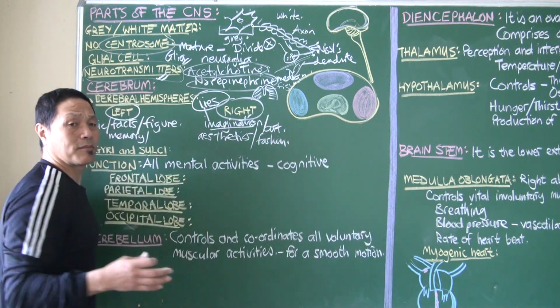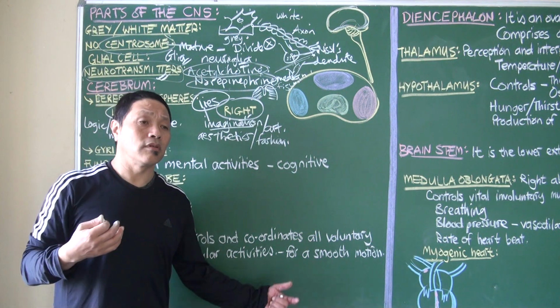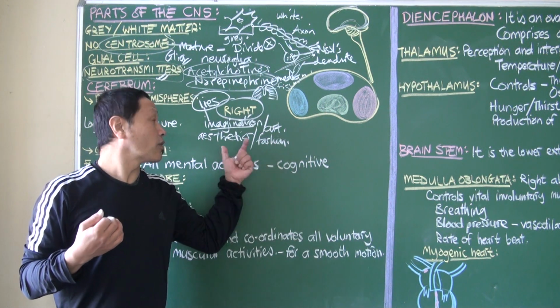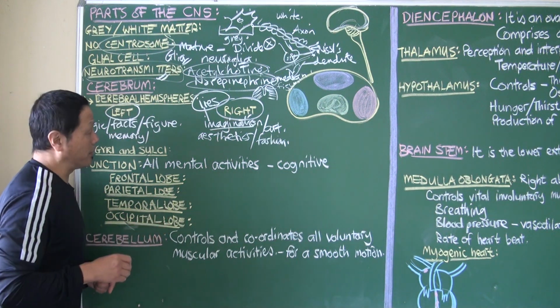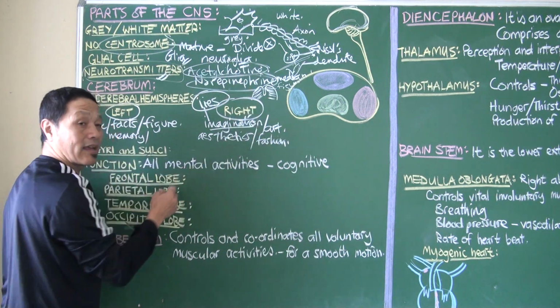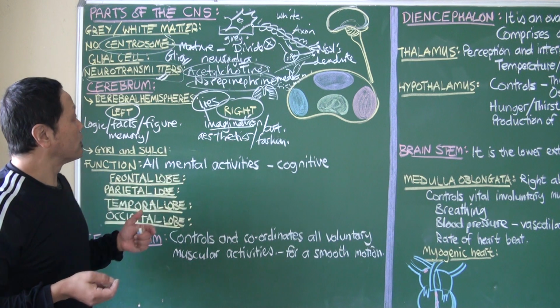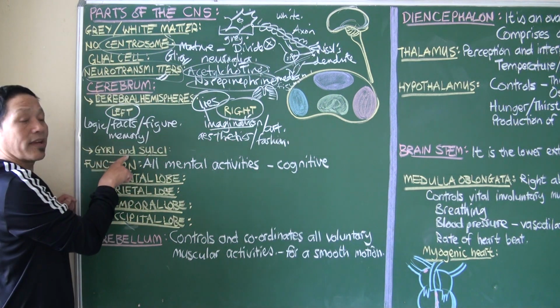Art, meaning music, and your drawing skills, fashion, all of that is controlled by the right side of the brain. So every human being has a combination of this. With that over, we'll go to gyri and sulci.